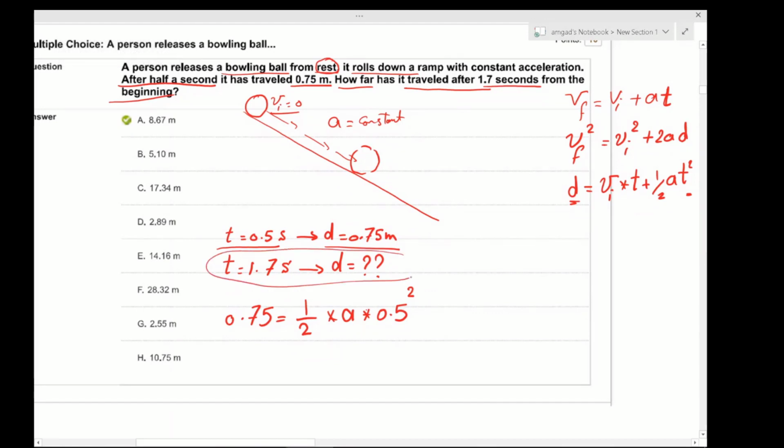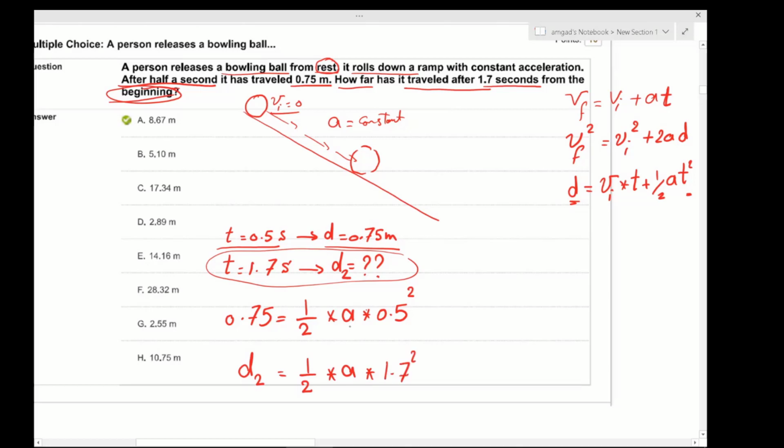Let's use the other information and call it D2. So the distance in the second case equals also V initial times T, which is 0, because he said from the beginning. So V initial was 0. Plus half times the same acceleration times time, which is 1.7 square.